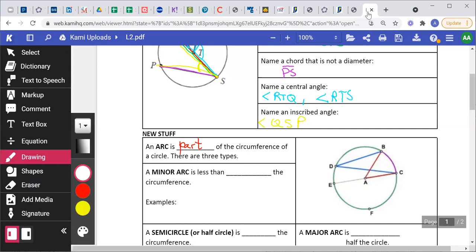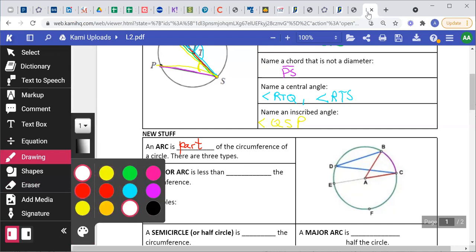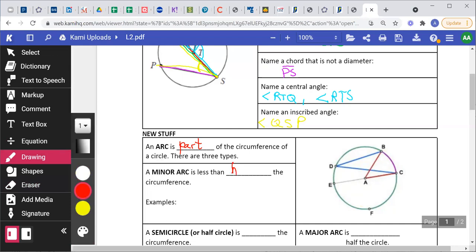The minor arc is less than half the circumference. Which means if you take a circle and you take a part of it that is less than half of it, that part becomes a minor arc, okay? Like BC here, in purple, is a minor arc because it's not half of the whole circle.